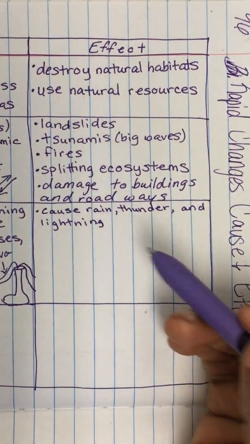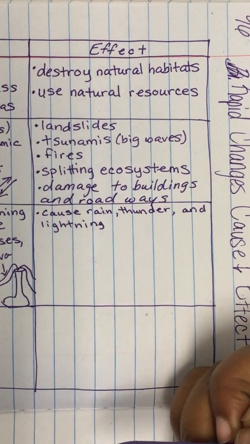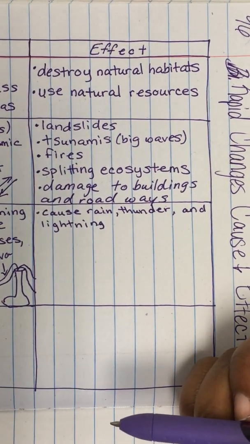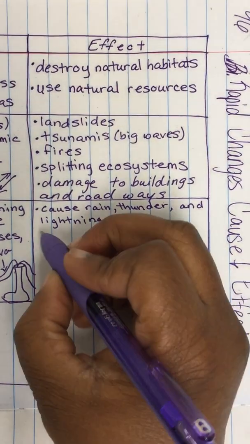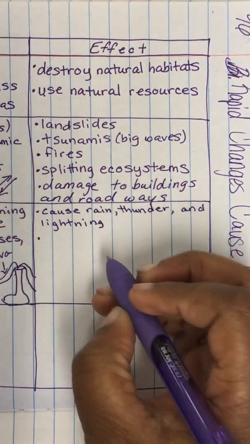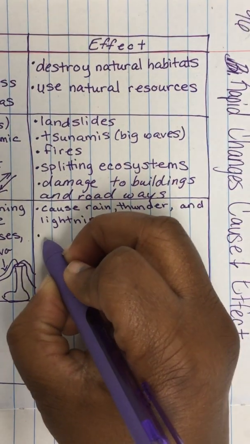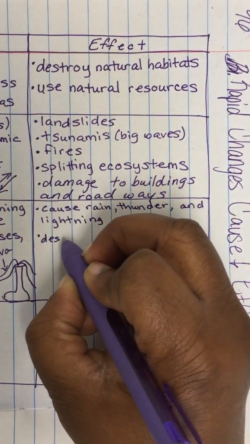This could be really good because when you have lava flowing out onto the earth, it is extremely hot, and that rain's going to help to cool it off. Just focusing on the surface, you guys know it can destroy plant and animal life.